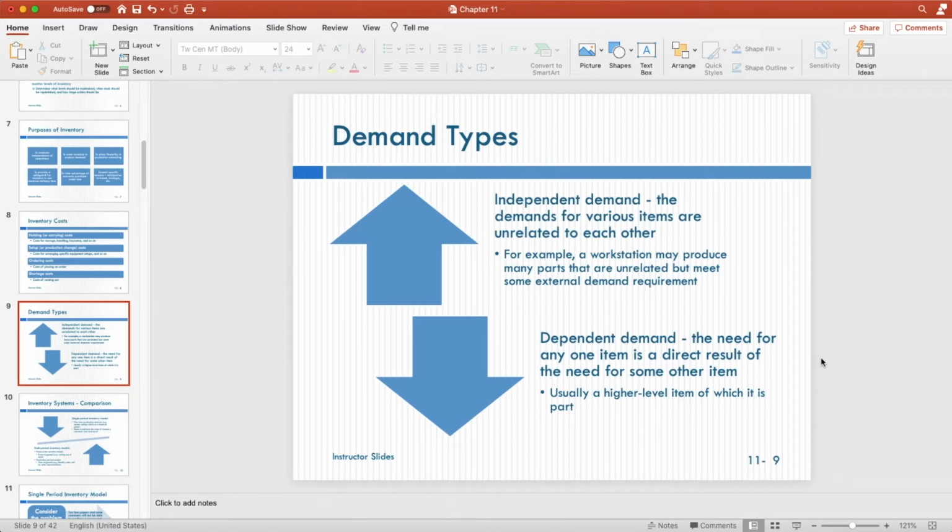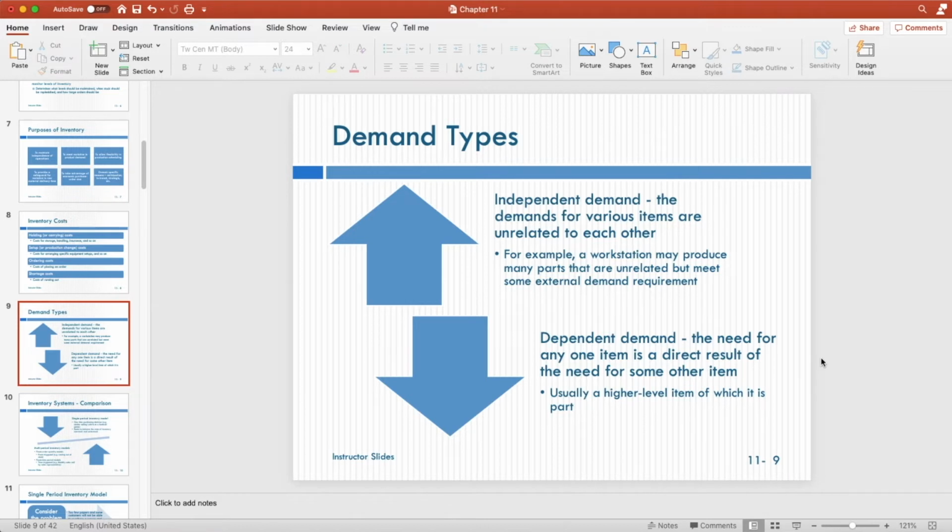Suppose you are a car producer. You produce the engine and also the wheels and tires simultaneously because you want to produce a car. In order to produce a car, you need one engine, four wheels, and four tires.